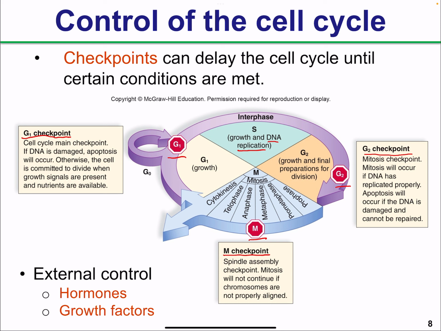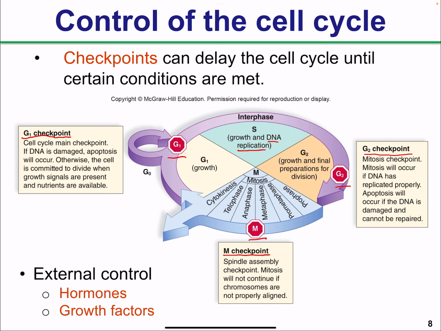All right? If the mitotic spindle is not attached to every single centromere, then the cell is going to take the time to allow this to happen. Or if this is not happening, the cell is going to commit to apoptosis. All right? Now, this is basically the internal control of the cell cycle.